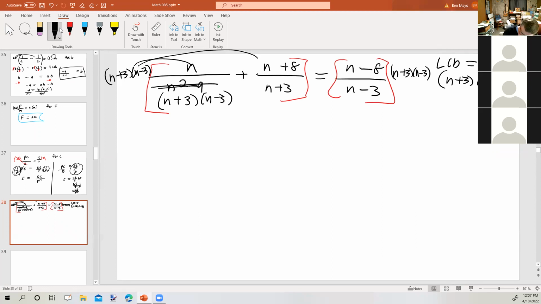Distribute, distribute, multiply. So I've got n plus 3 times n minus 3 times n over n plus 3 times n minus 3. Let's make that a little bit smaller.